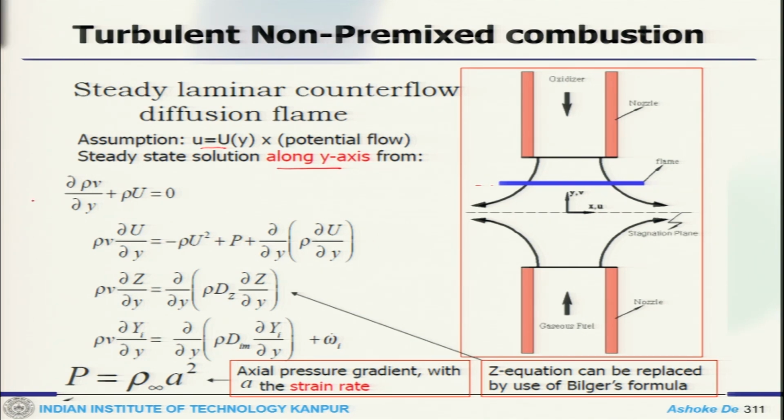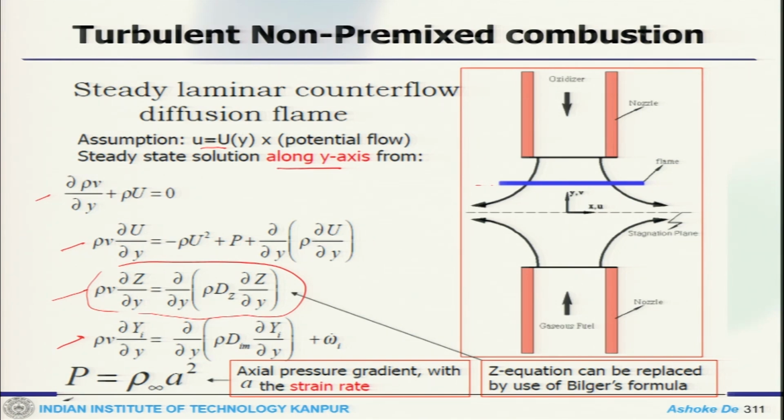The assumption is that u is a function of y and a steady state solution along the y axis. So we get this equation, then we get the mixture fraction equation and the species mass fraction equation. The mixture fraction equation can be replaced by Bilger's formula, that is one possibility.